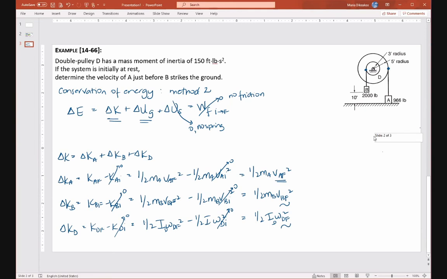If it's the bigger circle, it would be related to A. D is the entire thing. D is the hub and this, the whole contraption is called D. So we would have to solve using the radius of the smaller one. Obviously D constantly has the same omega.